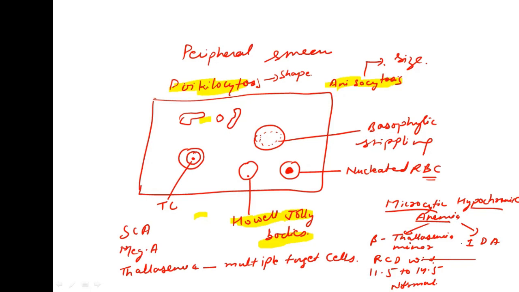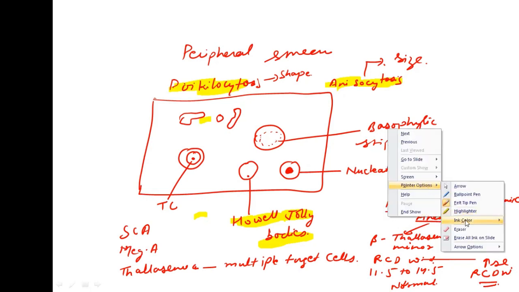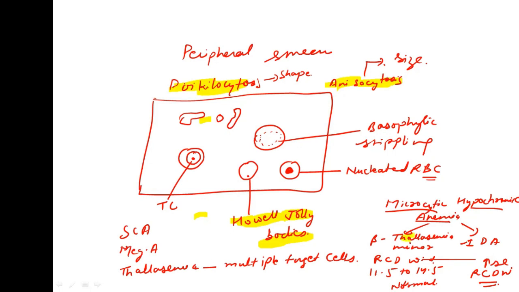In iron deficiency anemia, there is an increase in red cell distribution width. So you can differentiate both of them. In beta thalassemia, if microcytic hypochromic anemia is there, then red cell width is normal. And if it is due to iron deficiency anemia, there is an increase in red cell distribution width. This is a very important criterion for the diagnosis, right?